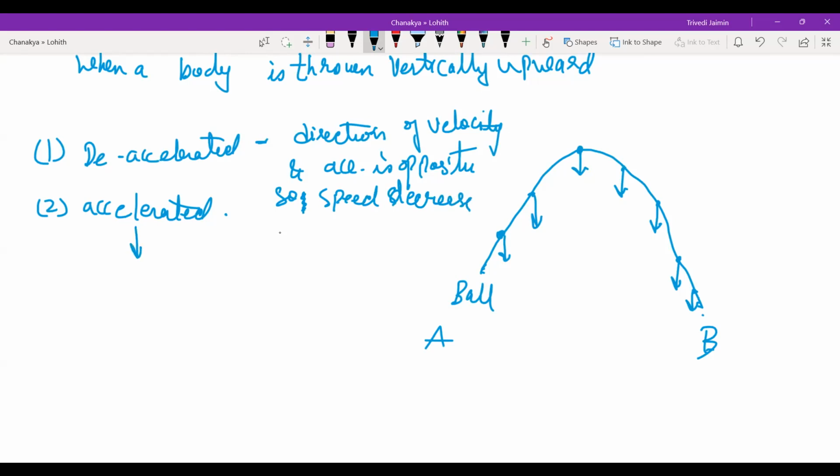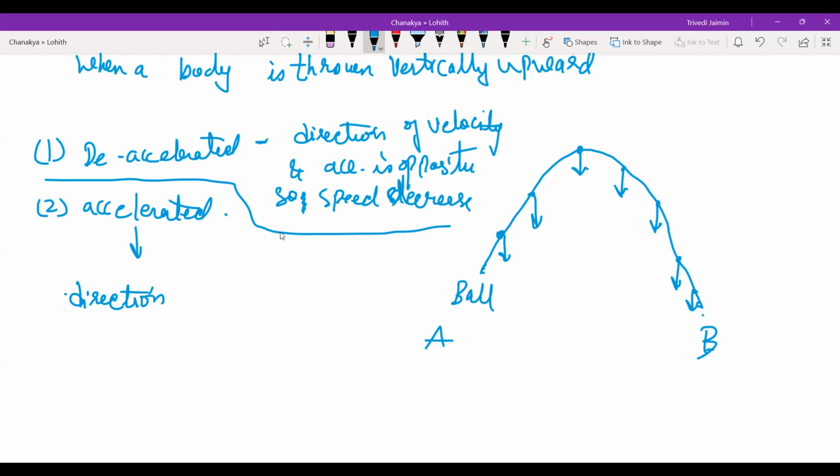Okay, let me write this one also, then you can reframe your statement again, if you want to. Okay, so decelerated motion means the direction of velocity and acceleration is opposite so that speed decreases. So accelerated motion means the direction of acceleration is in the same direction as gravity.